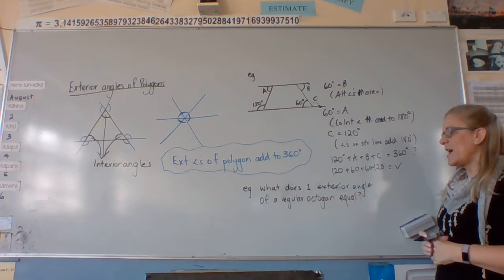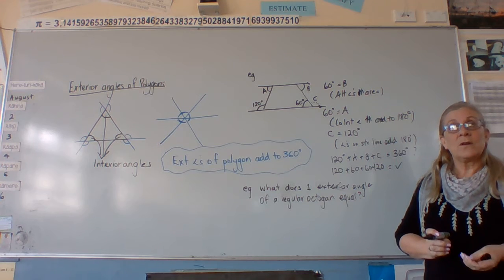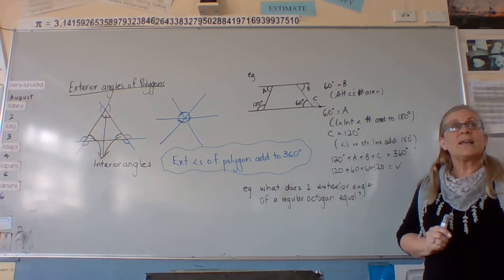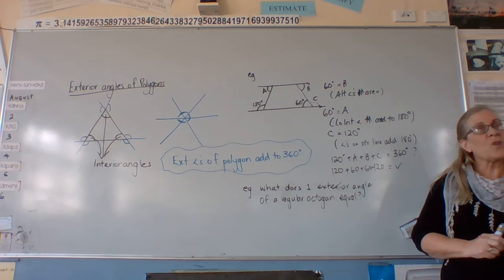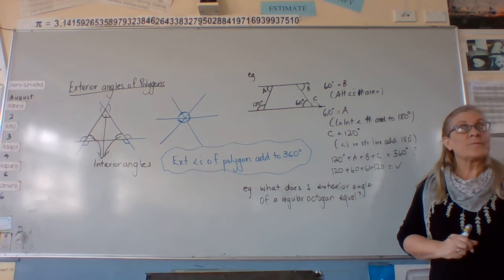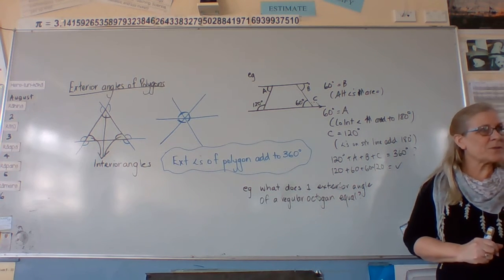What's the name of a regular triangle? What triangle has equal sides and equal angles? Equilateral. What's the name of a regular quadrilateral? Square. Most basic shapes. All right?